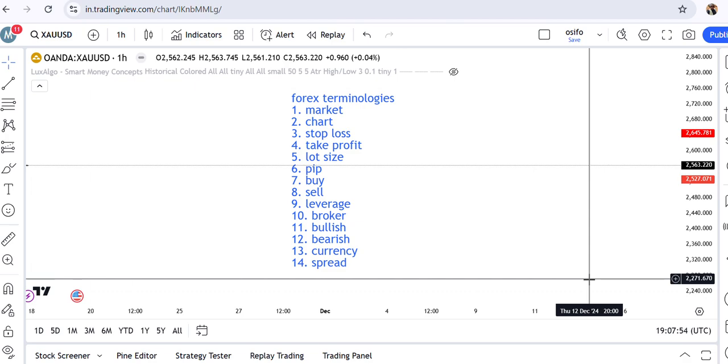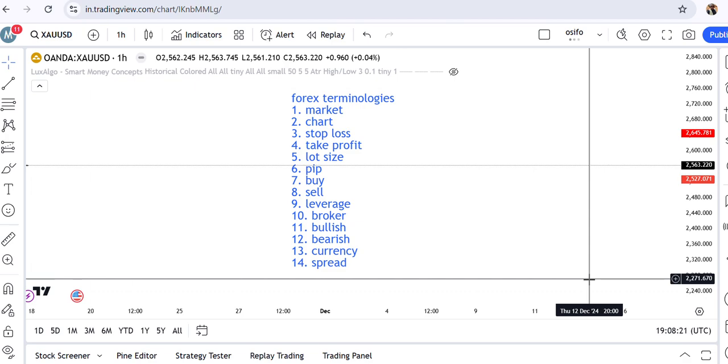Once somebody says, "Guy, I'm going to the market to trade," the person is telling you that they are going to trade forex in the forex market, which is the online market. It's not your conventional market where you go and buy your tomatoes and meat. The market here is where we go to buy different currencies and sell different currencies.